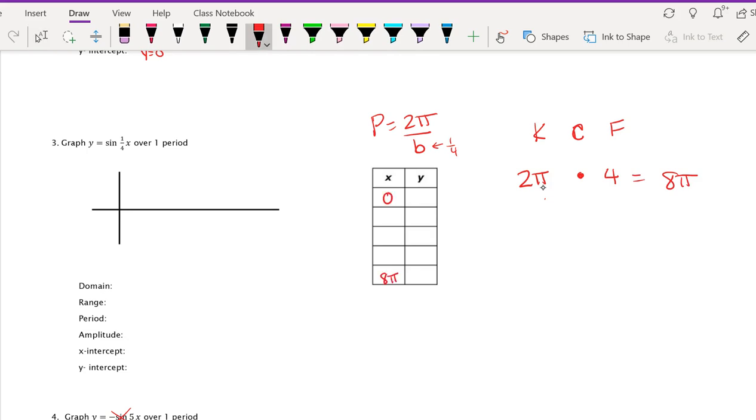This is a little easier. What's halfway between 0 and 8 pi is 4 pi. Halfway between is 2 pi. Halfway between is 6 pi. Because it's sine, 0, max, 0, min, 0. So I'm lengthening this out. This is actually a really quick one to do.